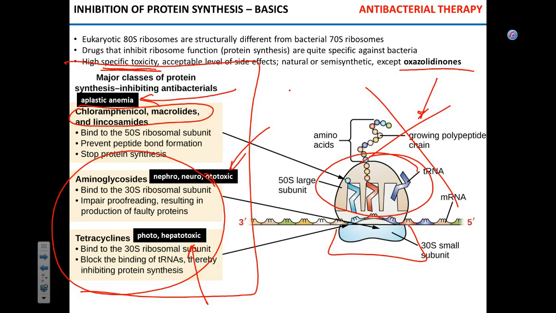For aminoglycosides, kidneys, nervous system, and ototoxicity, which leads to hearing loss. For tetracyclines, a very well known side effect is phototoxicity. So they become toxic when people are exposed to sunlight. Okay.